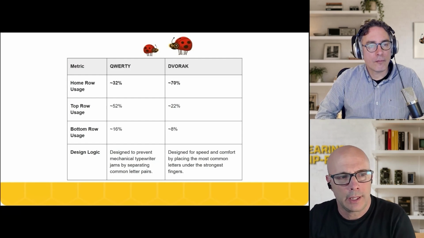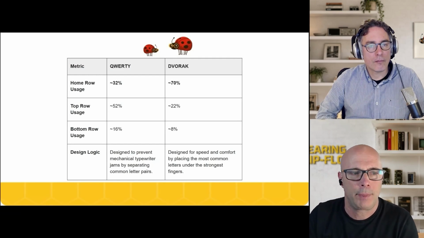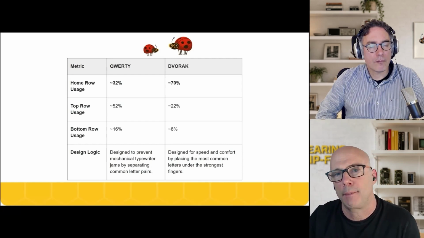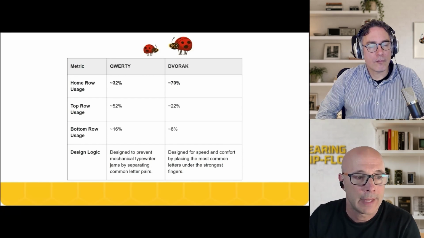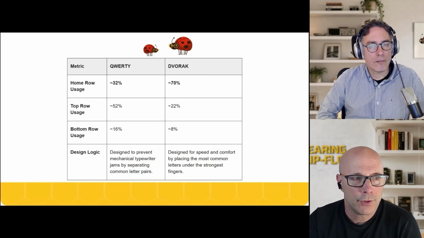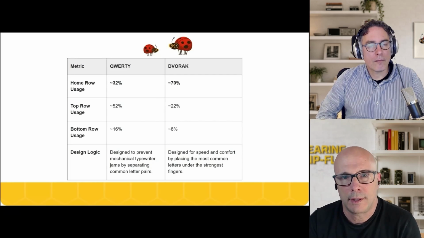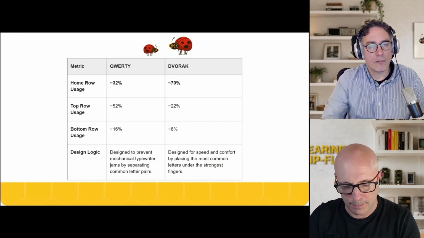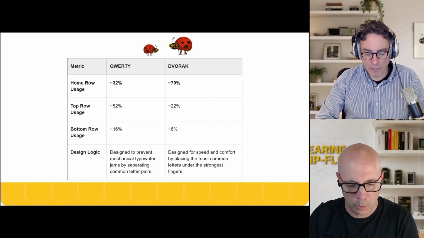The Dvorak was designed for speed and comfort, and you can type much faster and don't get fatigued. Most of the widely used letters were on the home row, the center line where your fingers are.